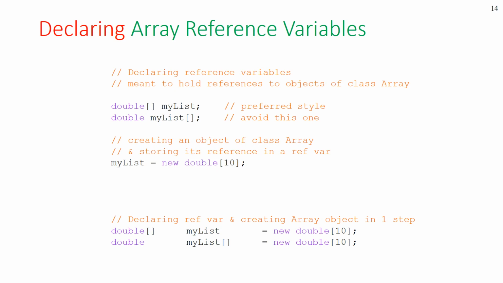I don't know if they are going to be one day rejecting it, but this has been on the list of things to avoid for a while now. This is a legacy notation. People nowadays prefer in modern programming languages to use that notation because it's easier to read left to right and know what you're talking about. Double, square bracket, array of double. So that's it. The data type is here.